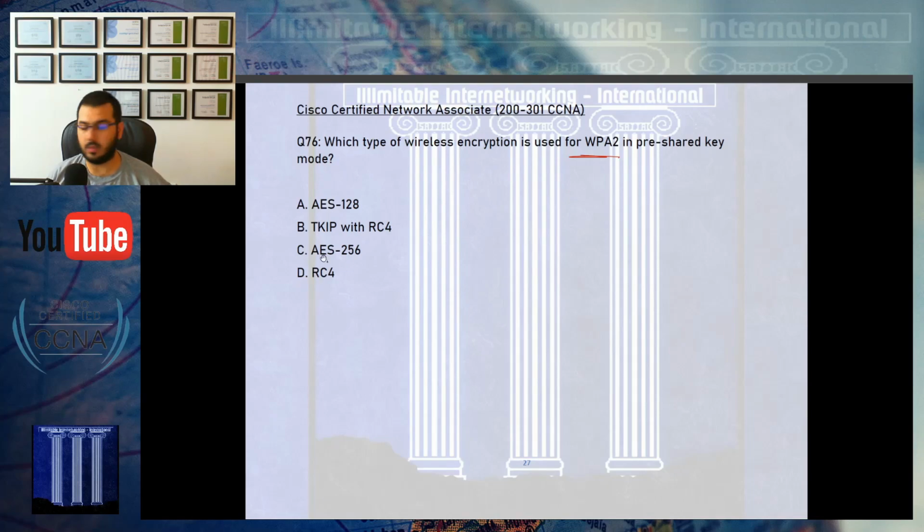It will not be 128, it will be 256, and WPA3 will use 192 bits with another protocol. So I will go with C. This one is for WPA1. This will not work alone, and since WPA1 is already based on RC4, okay, so leave this one also. I will go with C. Yep, that should be okay.